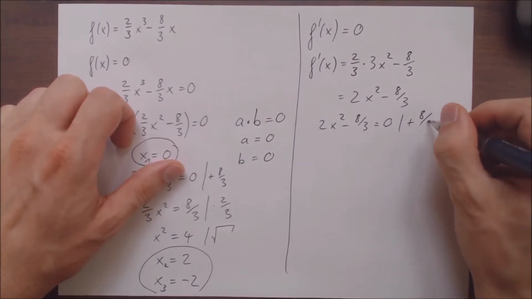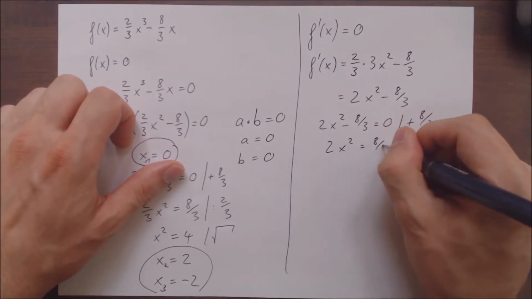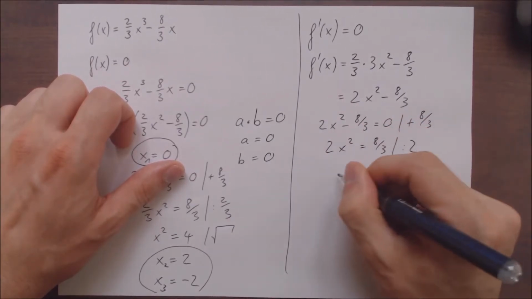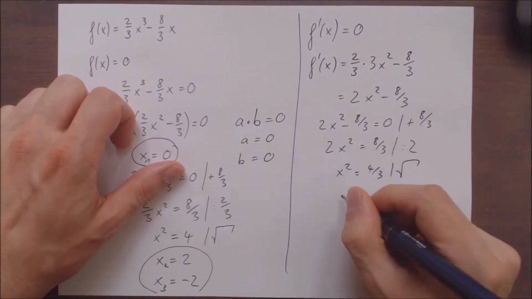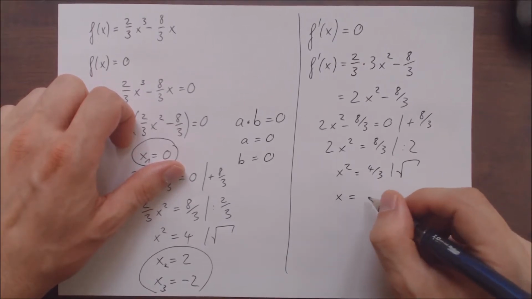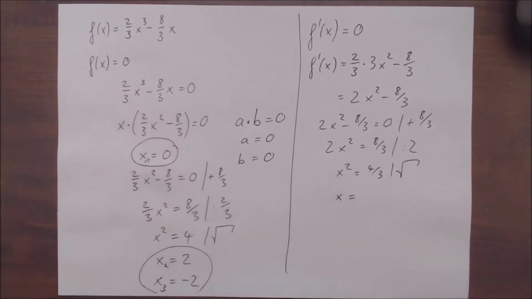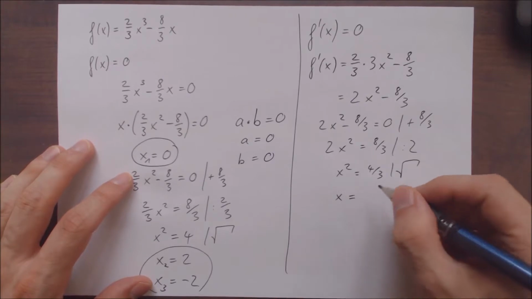Plus 1/3, divided by 2, and square root. Again, we have two values, because whenever you make the square root of any number, there's always a positive and a negative solution.